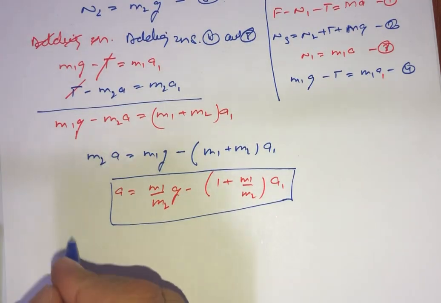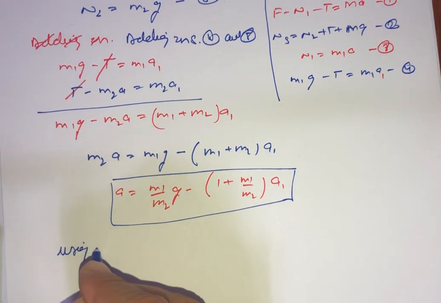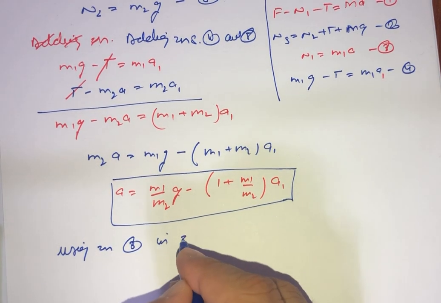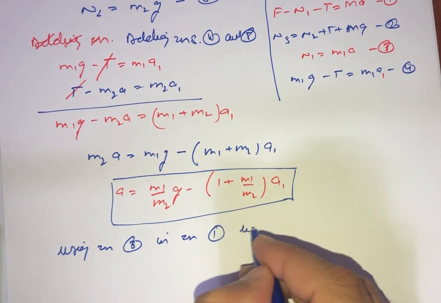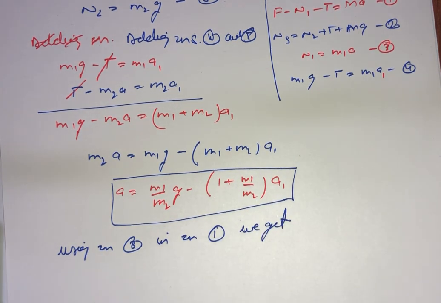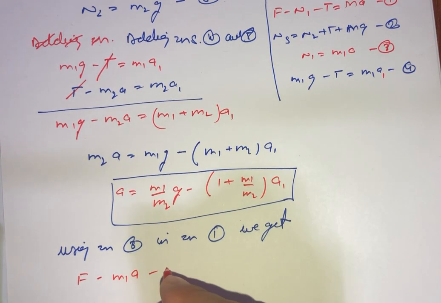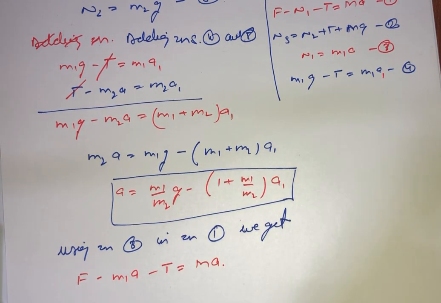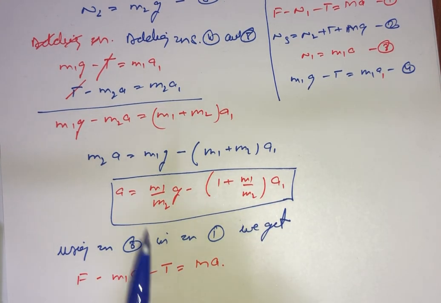Substituting the value of N1, we get F minus m1a minus T is equal to Ma, and T we already know is given by equation 5, we can use it.